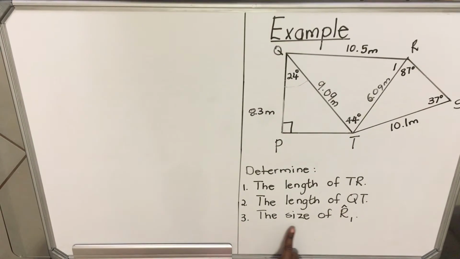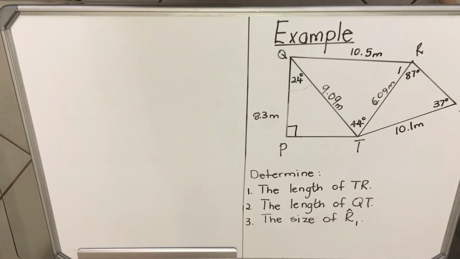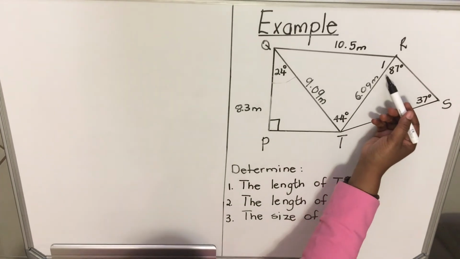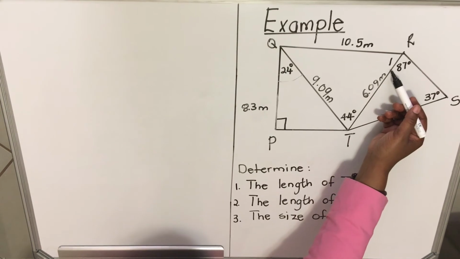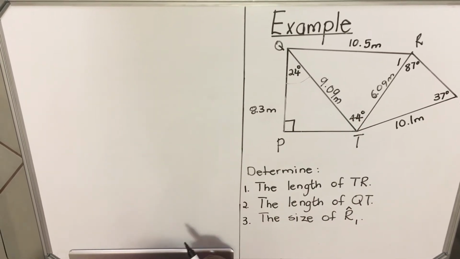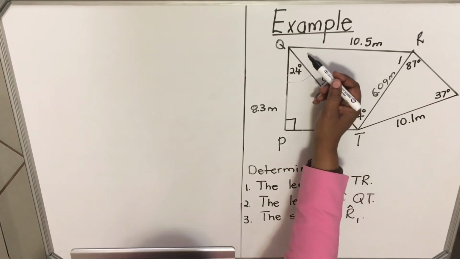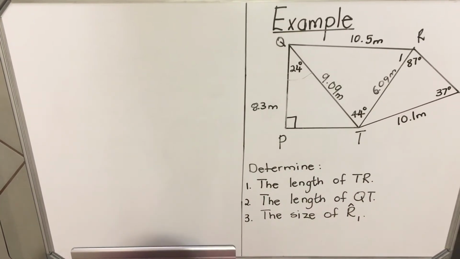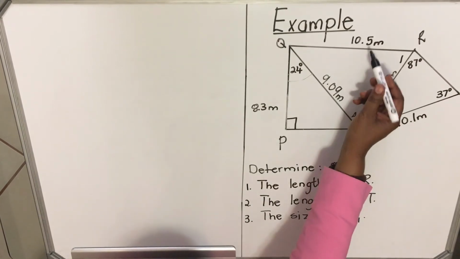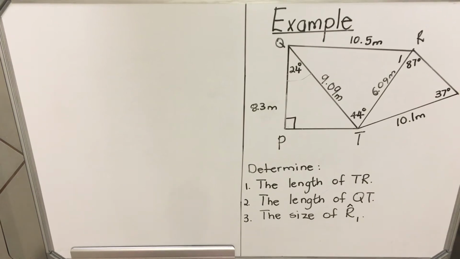Okay, let's look at the last one. Number 3, determine the size of R1. So now we're looking for an angle. R1 is that angle there. So this angle is opposite that line, and we have the line, we can use that. This line we can't use because we have an angle that we don't have. That angle opposite to that line, we can use that as well.